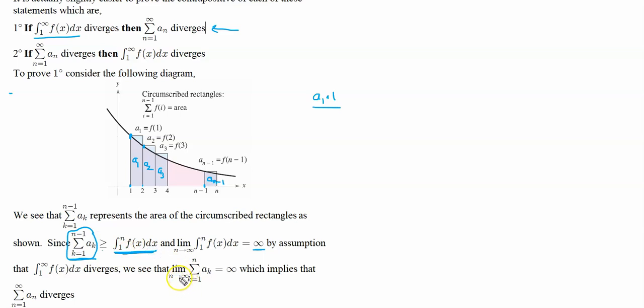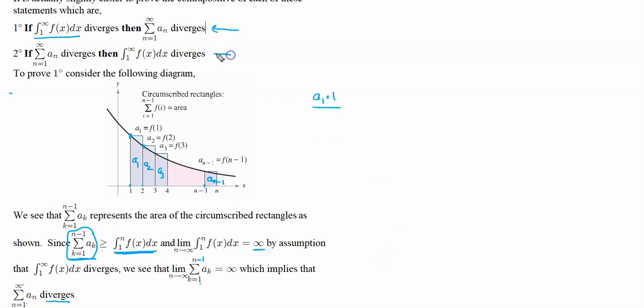So therefore, the limit as n goes to infinity of the summation from 1 to n, technically you should put an n minus 1 here because we had an n minus 1 here, is going to be infinity. And so the summation from 1 to infinity of a sub n diverges. And there you go. It's all just because of the way you look at the area of these rectangles. That was a pretty neat little proof.